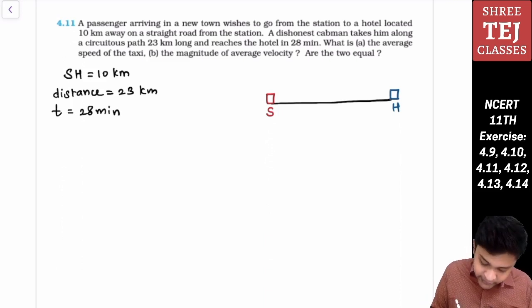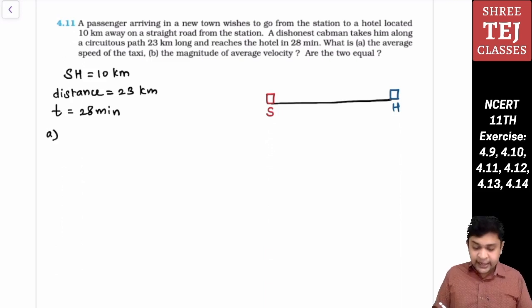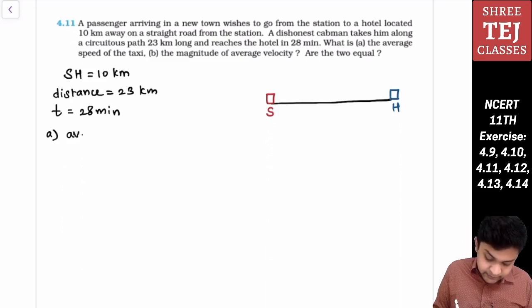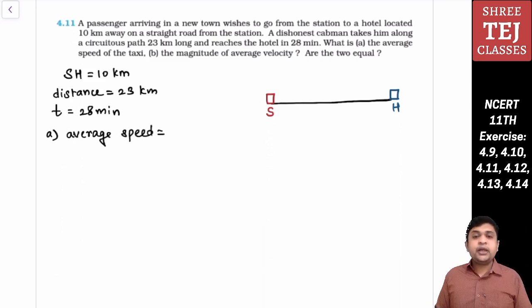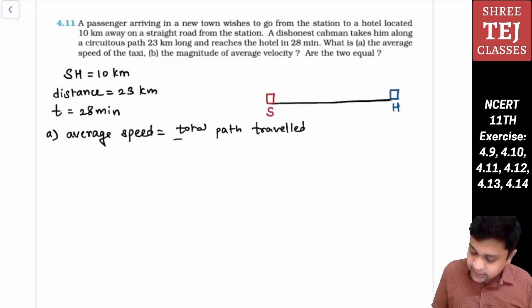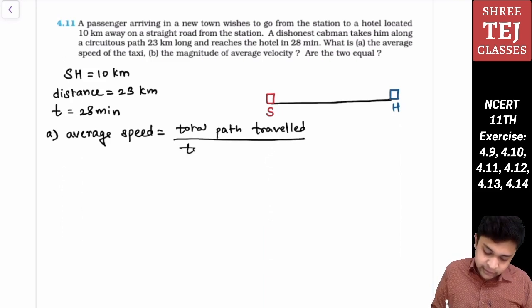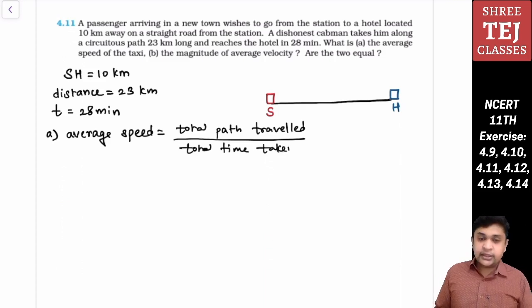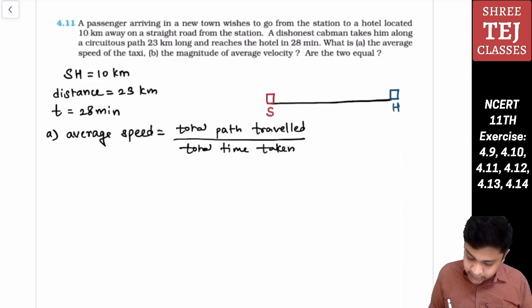So first we have to calculate average speed of the taxi. What is average speed? Total path traveled divided by total time taken.